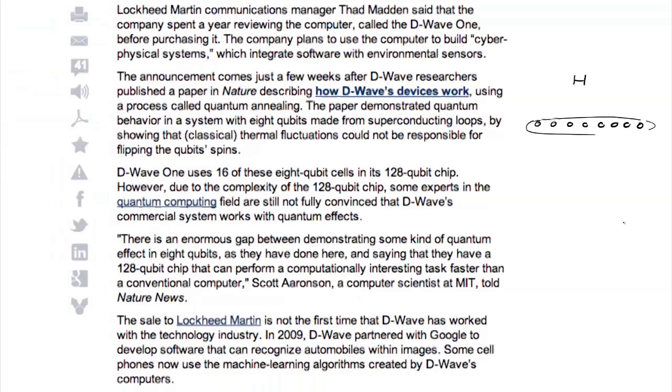As you can see, Scott Aaronson, who is now a professor at MIT, was my former student. I think his quote in this article is very apropos, where he says there's an enormous gap between demonstrating the kind of quantum effect in 8 qubits, as they've done here, and saying that they have a 128 qubit chip that can perform a computationally interesting task faster than a classical computer. So there's a lot of skepticism that this so-called quantum computer can do anything interesting yet.